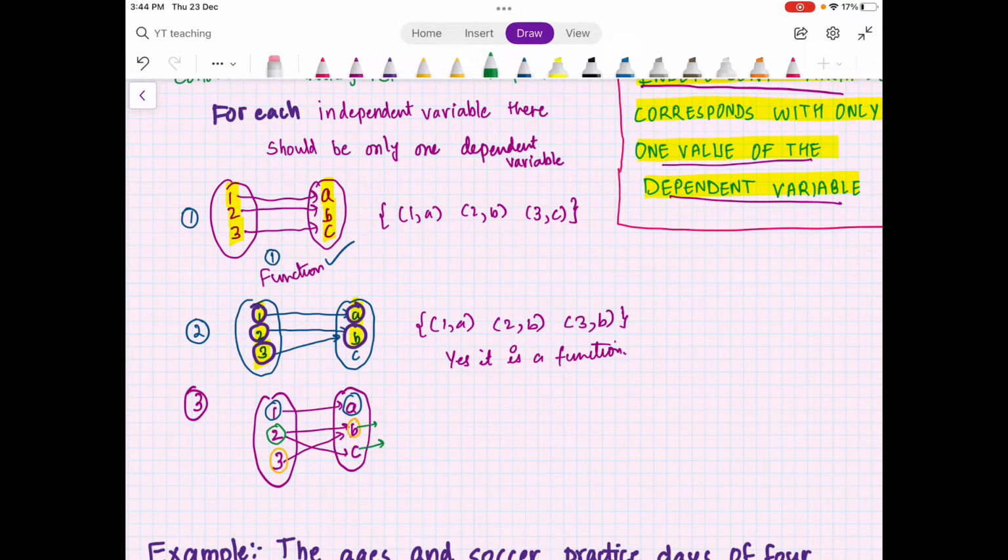So this is not a function. So you have 1a, 2b, 2c, and 3b. Corresponding to 1, you have only a, and corresponding to 3, only b. But corresponding to 2, you have b also, and you have c also. So this is not a function.